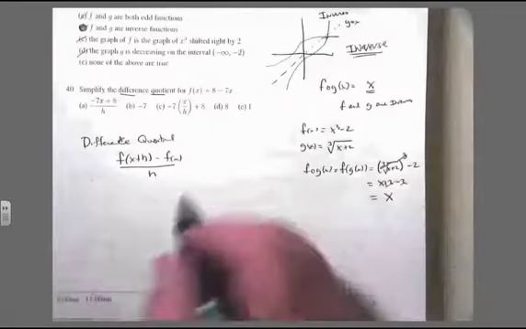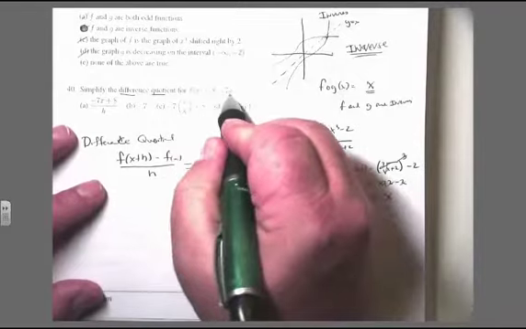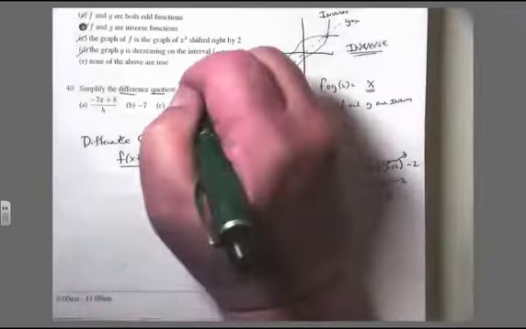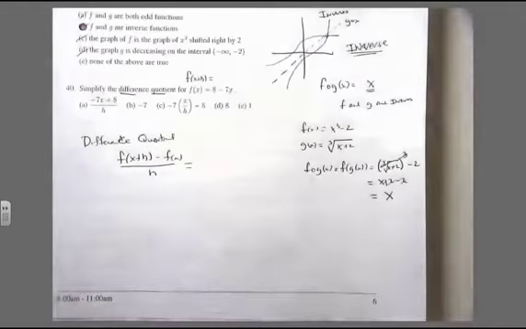So, difference quotient. My function is f of x equals 8 minus 7x. So if you've got f of x equals 8 minus 7x, what is f of x plus h? Remember, this is functional notation. I don't care what's inside that parentheses. Whatever is inside that parentheses is what I replace x with in the original f of x function.